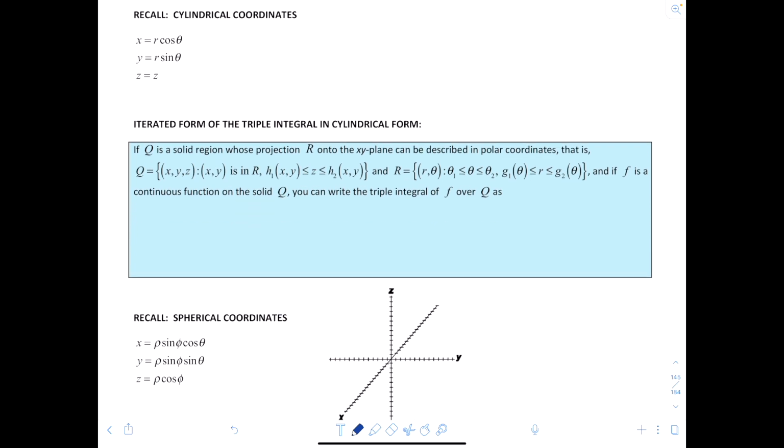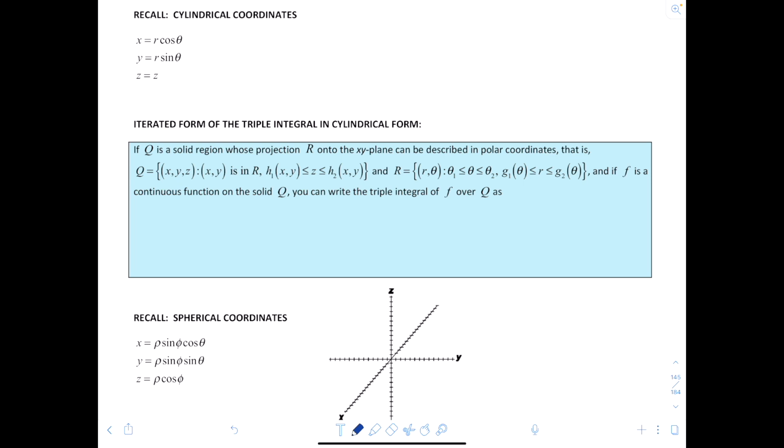So the iterated form of the triple integral in cylindrical form. If Q is a solid region whose projection R onto the xy plane can be described in polar coordinates, that is, Q is equal to the ordered triple x, y, z such that x and y is in R, and z is between h1 of x and y and h2 of x and y inclusive.